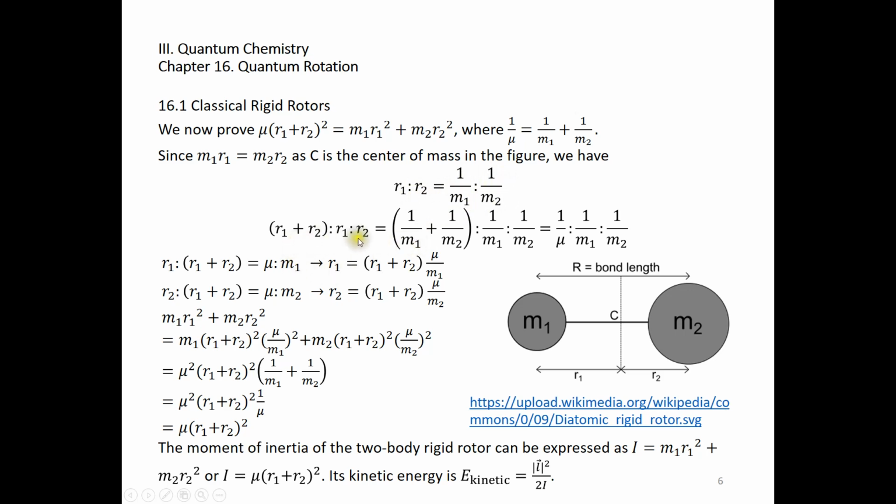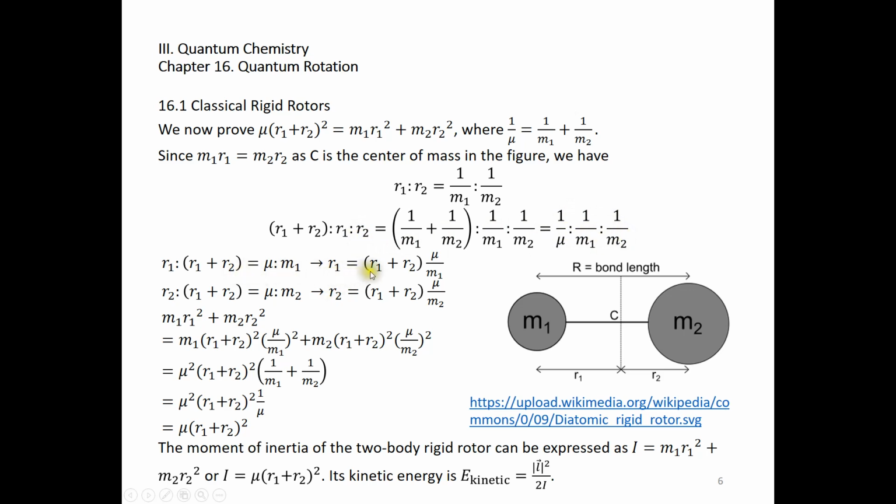And now we have a ratio among three terms: r1 plus r2 versus r1 versus r2 is 1 over mu versus 1 over m1 versus 1 over m2.